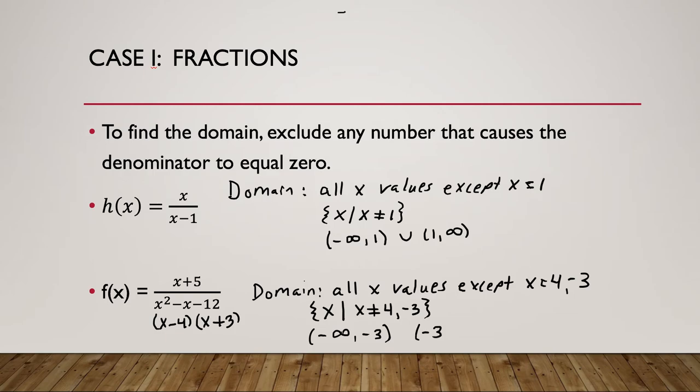Then picking back up on the other side of negative 3, we'll go to 4. And then picking up on the other side of 4, we'll go from 4 to infinity. And we're going to put unions in between both of those. So again, remember that if you have a fraction, your answer is going to be everything but the number that makes the denominator equal to 0.